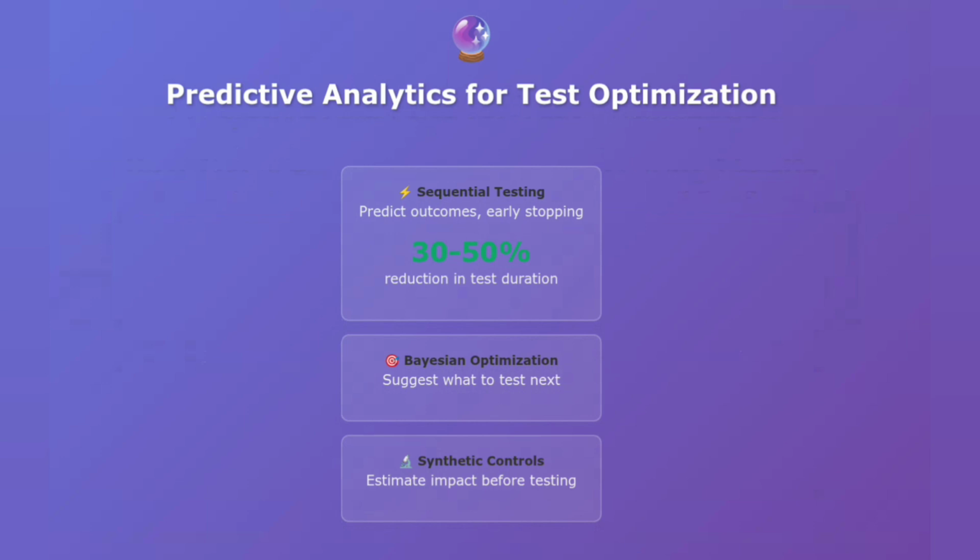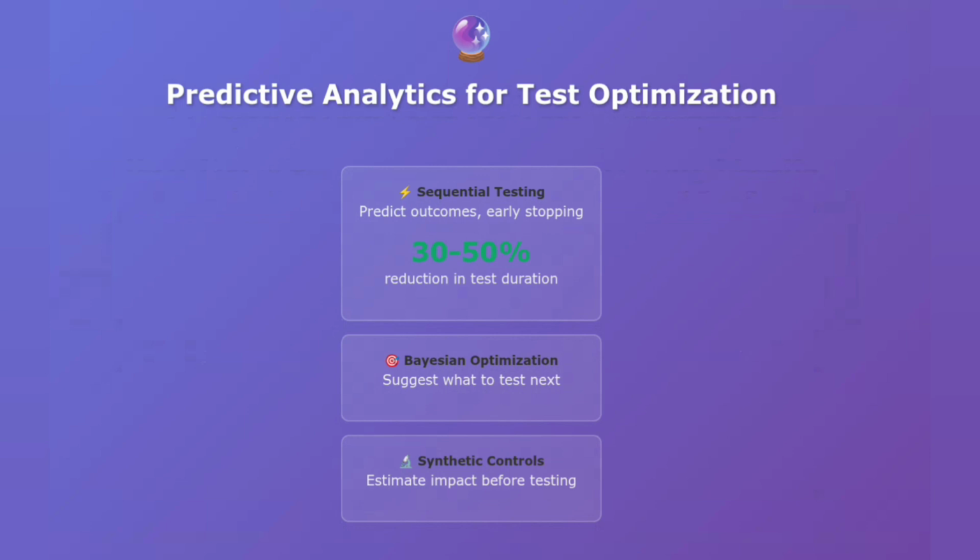Instead of random experimentation, ML models identify the most promising areas for testing based on historical patterns, user behavior models, and business objectives. Perhaps most powerfully, synthetic control methods can estimate test impacts before running them.